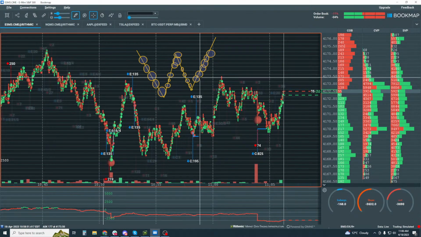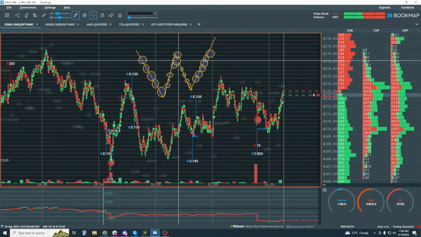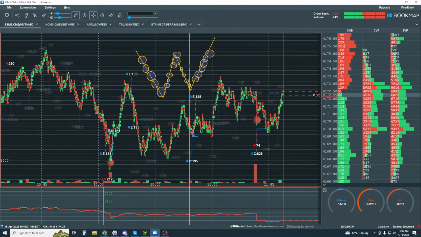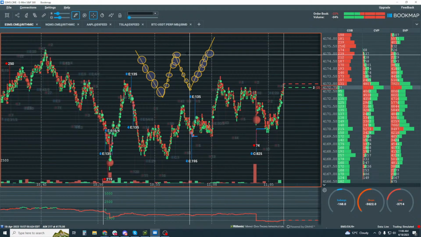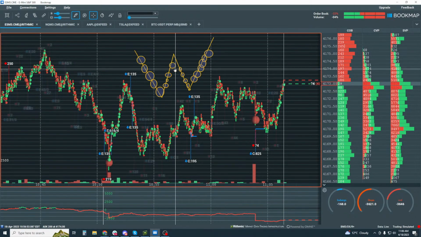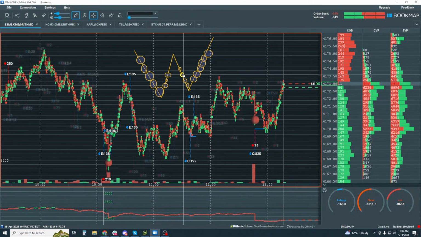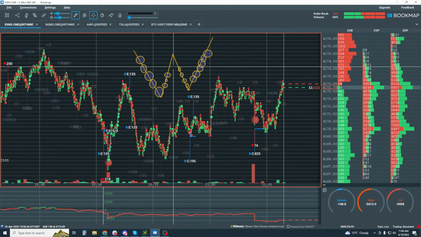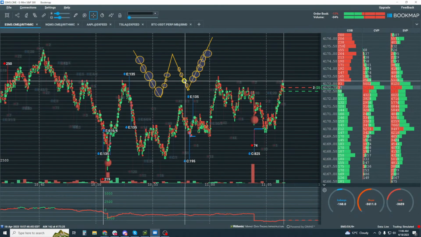It's possible though that maybe you didn't get this move up here with the heavy buying at the top. Maybe you got exhaustion on the buy side. Let's go through it again.